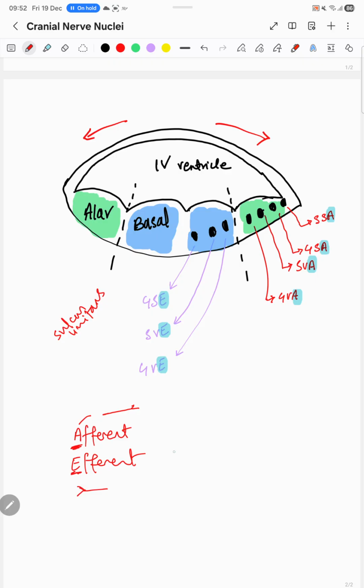You also have this when you were studying the Bowman's capsule: this was the afferent, and this one is the efferent. Let's make a thicker one. So this was the afferent, and this one is the efferent, and if this is the Bowman's capsule, this is the structure of the nephron.